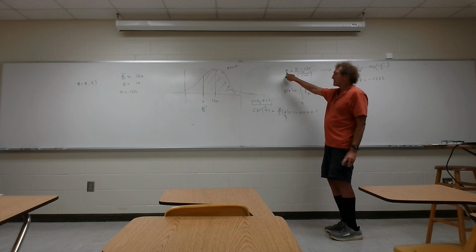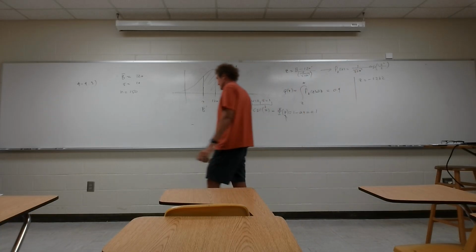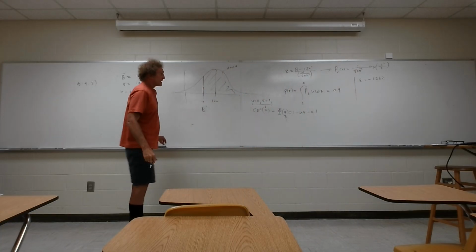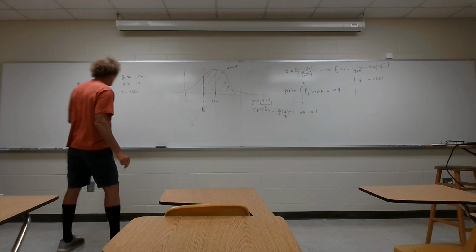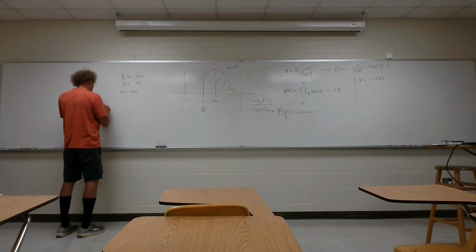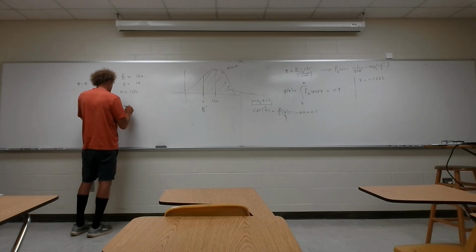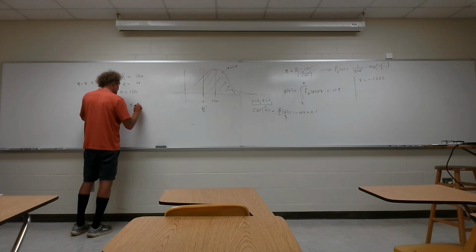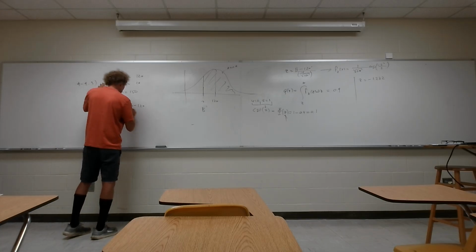Now I'm going back here. I've got this value. I'm going to calculate that lower value beta now. I think you follow the logic, but let me do it right over here. So I have minus 1.282 equal to beta minus 120 over 10 divided by the square root of 150.